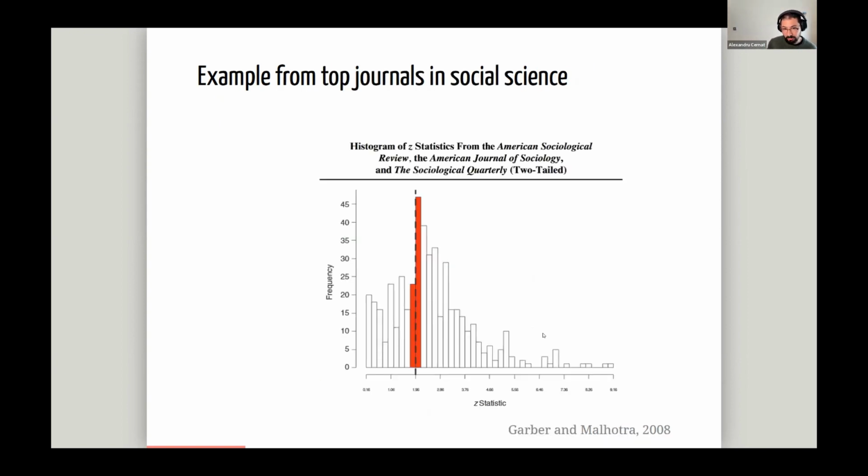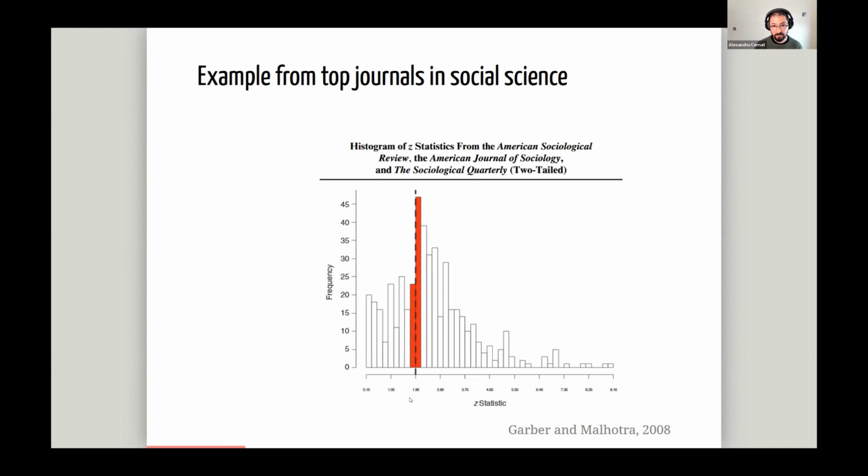Another way to look at this problem is to see what kind of statistical tests get published. Here are some z-statistics from articles that were published in three top journals in sociology: American Sociological Review, American Journal of Sociology, and the Sociological Quarterly.